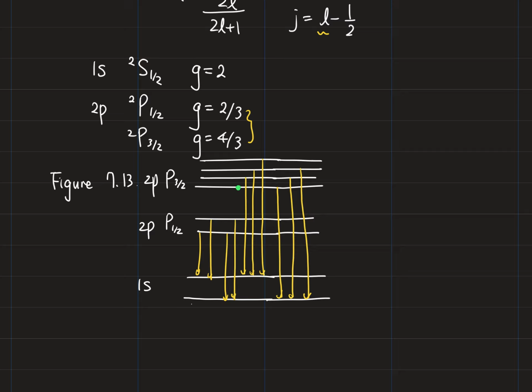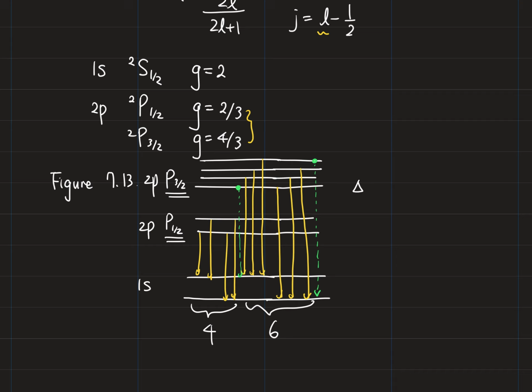So we have 4 transitions from the lower p state, and we have 6 transitions from the higher p states. So please note that there is no transition from here to down there or here to down there.